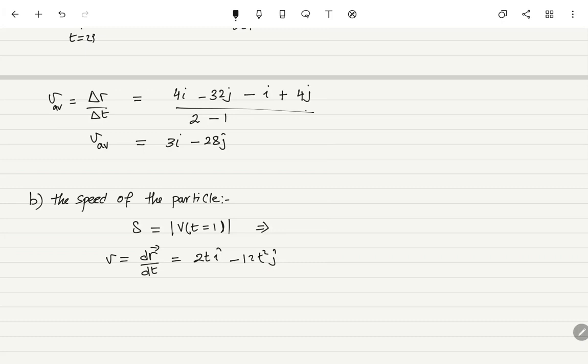You substitute 1 back in, so v when t equals 1 is 2i minus 12j. So the speed at t equals 1 is the magnitude of this vector: the square root of 2 squared plus minus 12 squared.